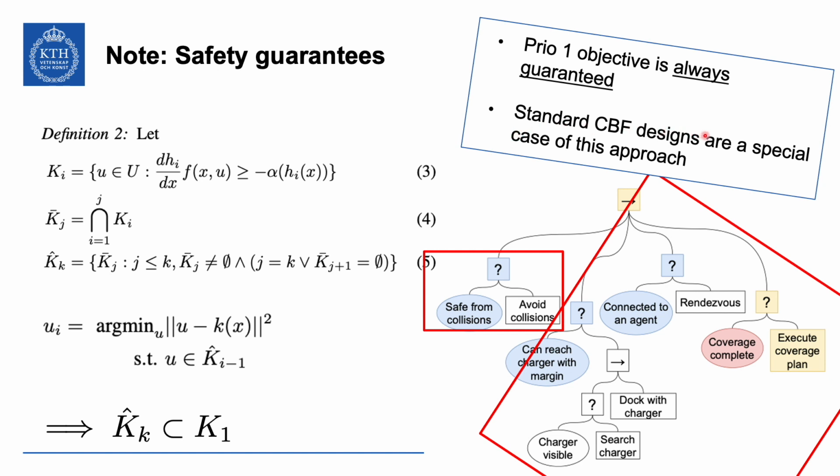The standard control barrier function design, usually you have one safety thing that you guarantee with the control barrier function, and then you do something else. So you can see that as kind of a special case of the approach we looked at here, where you have multiple goals and you try to achieve all of them, but that's not always possible, and then you do trade-offs and so on.